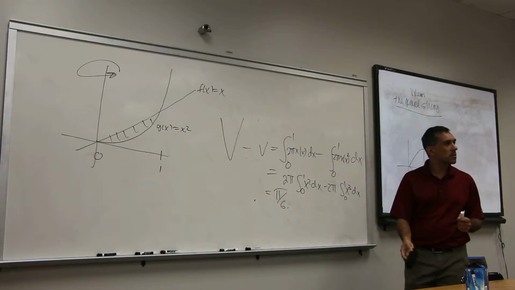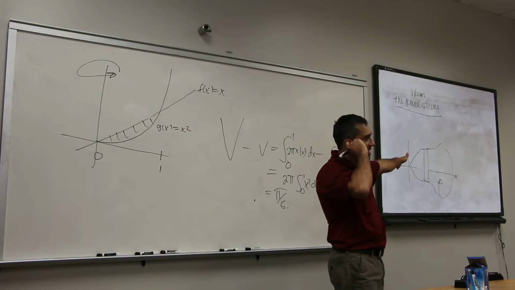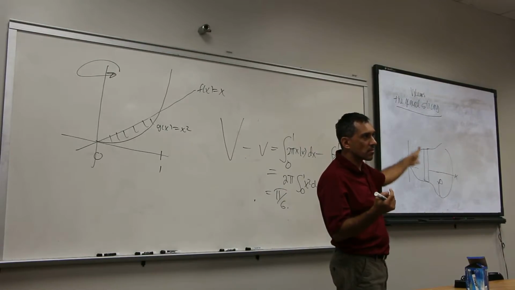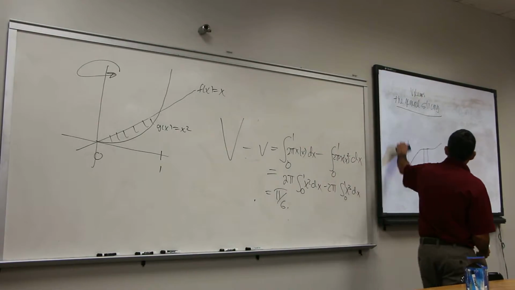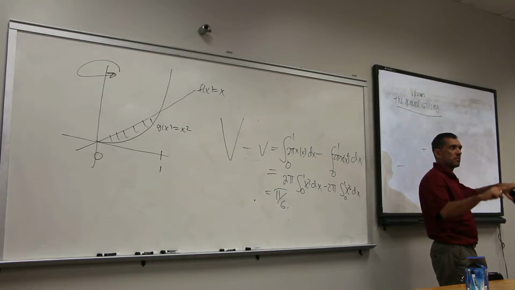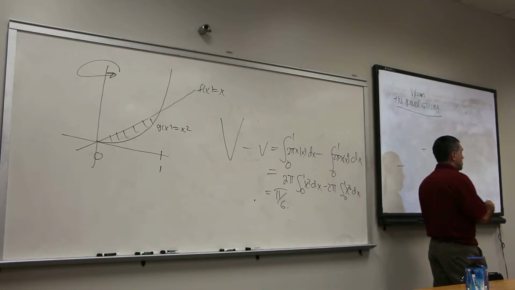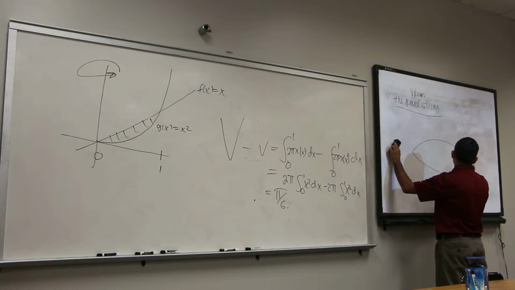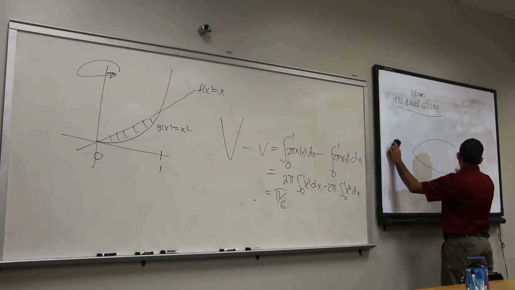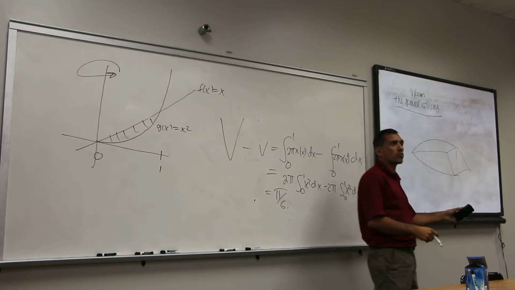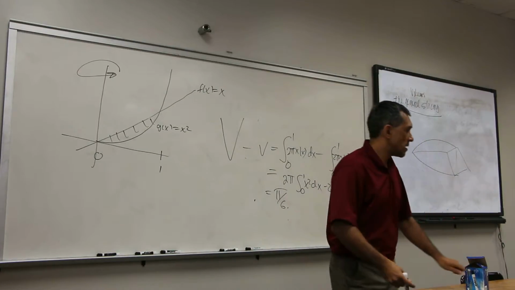Now what happens if you slice it and you see something else, like a square? That's supposed to be a rendition of an okra, the thing they eat in Louisiana.